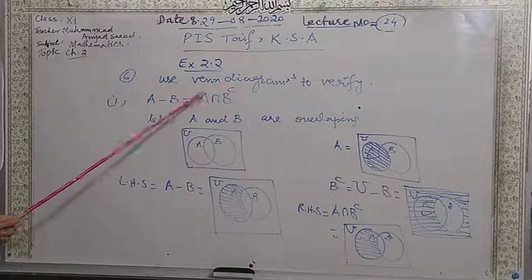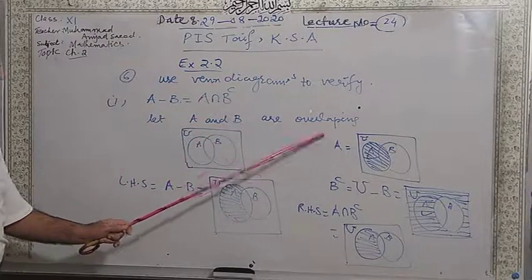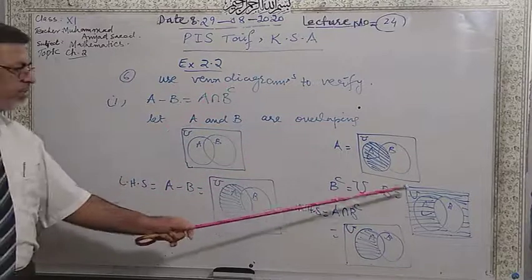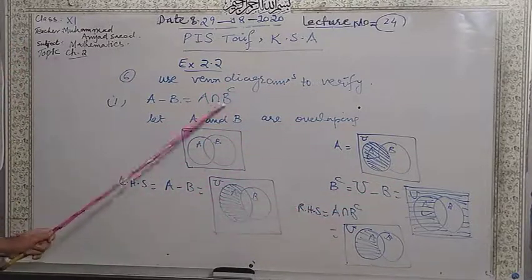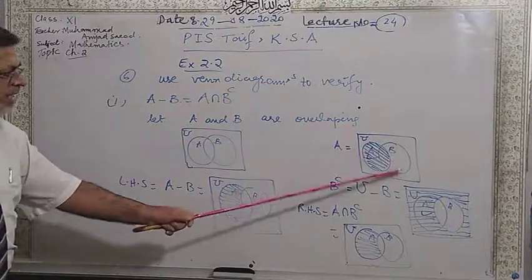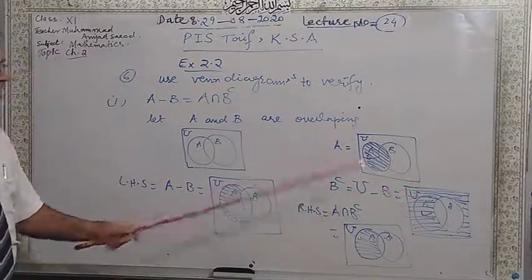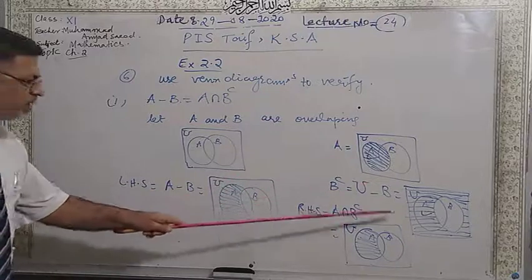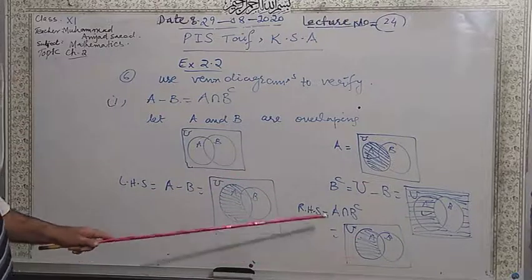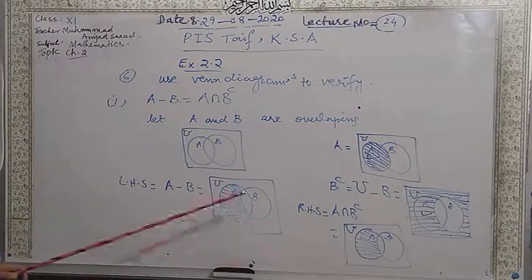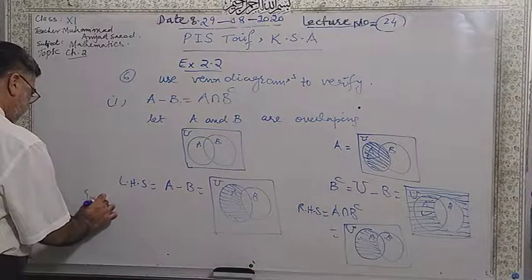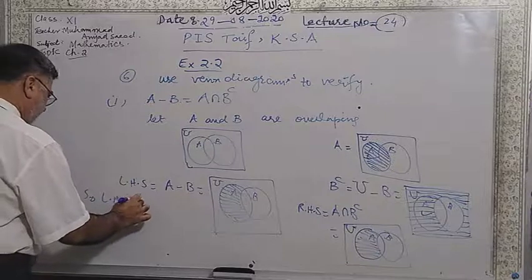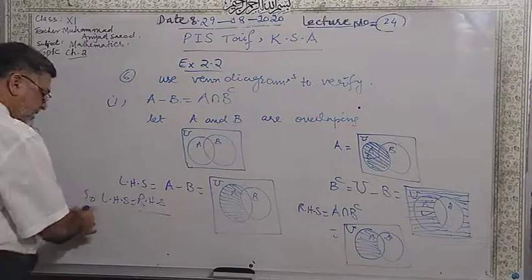So for the right hand side, first we shaded A, then shaded B complement, then we took the intersection, and that was your right hand side. After that, you can check which part is shaded in both. It will come in your answer. Hence, left hand side is equal to right hand side.